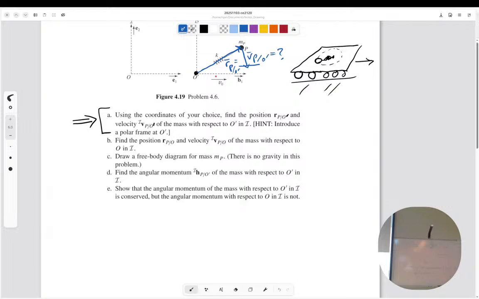What's the frame? There's O, which is some global fixed frame. It's not moving. And then O prime, and it's moving at a constant speed.